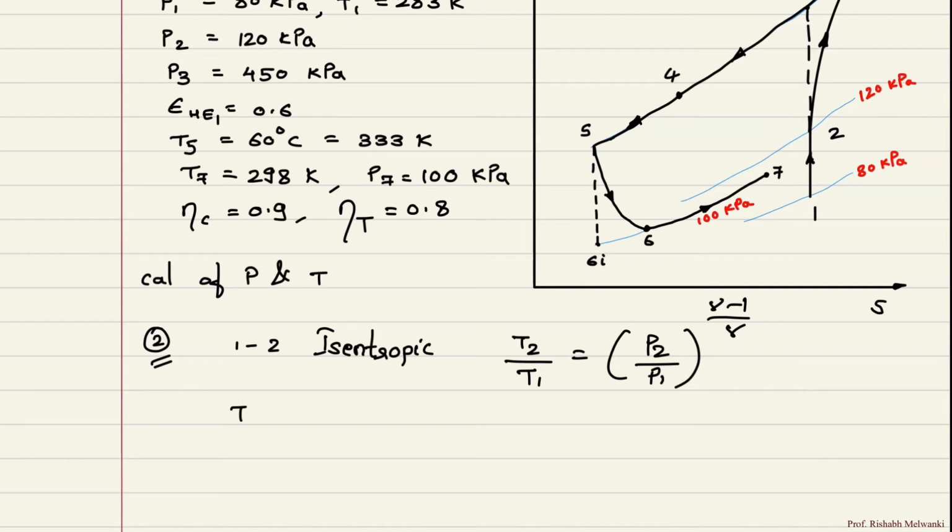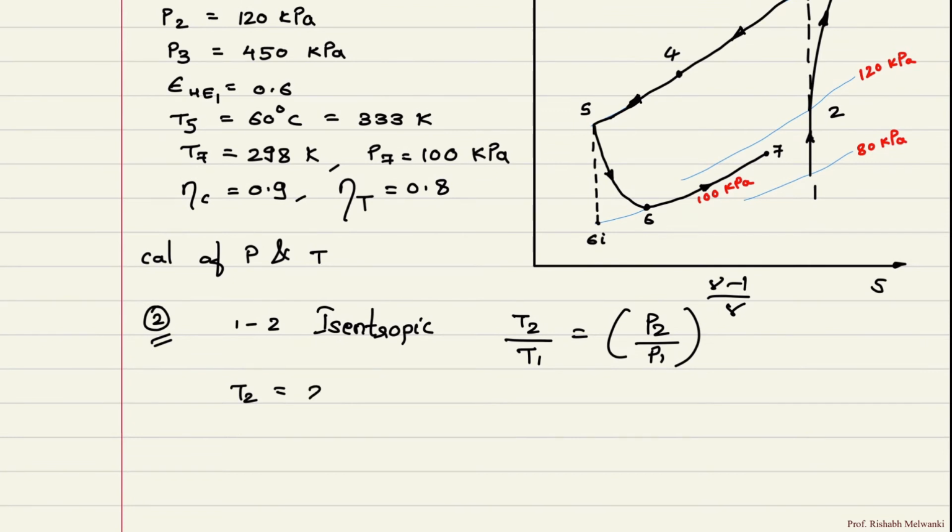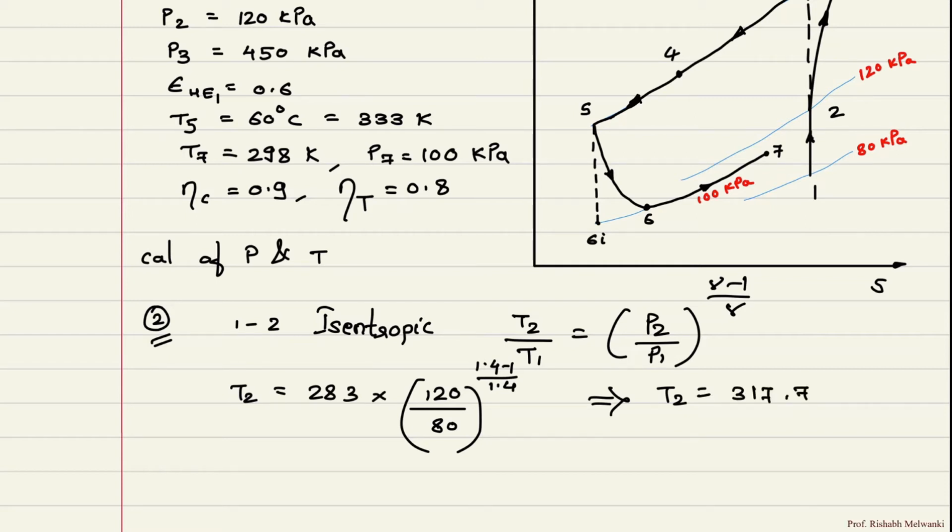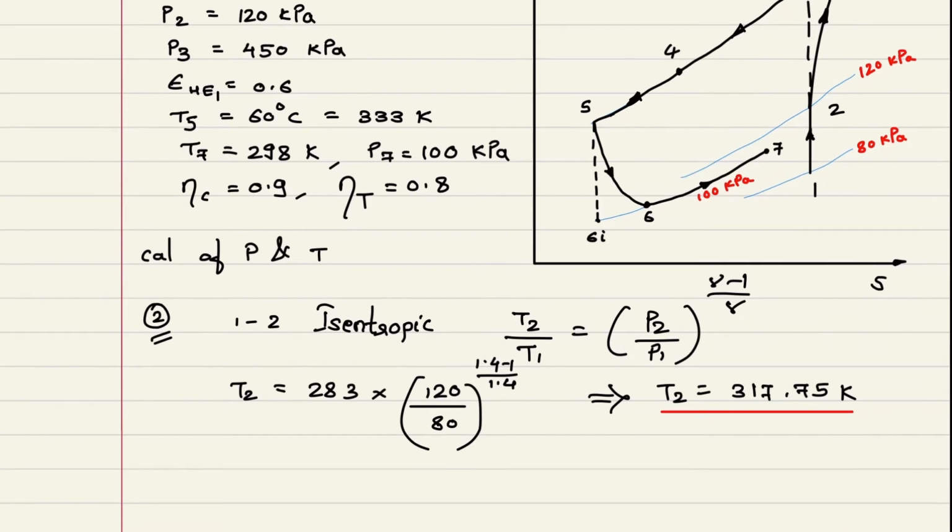T2 we have to calculate, which is equal to T1, 283, multiplied by 120 upon P1, which is 80, raised to 1.4 minus 1 upon 1.4. So from here we can calculate T2. T2 is equal to 317.75 Kelvin. Point 2 pressure already we know. Okay, so we'll go to point 3.